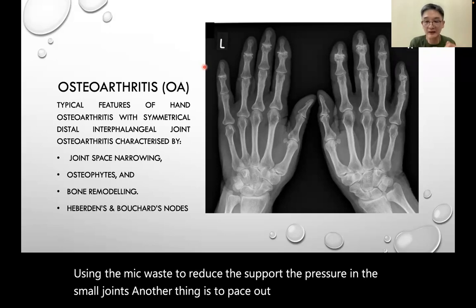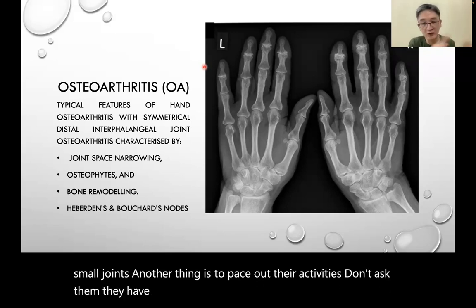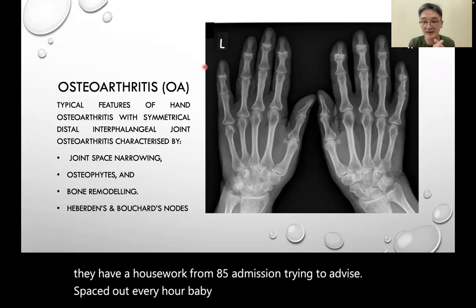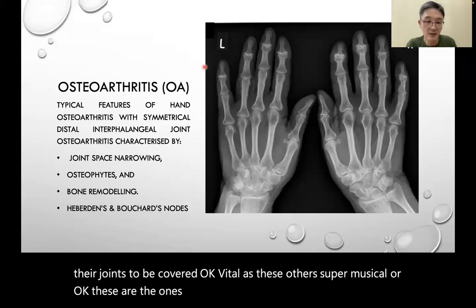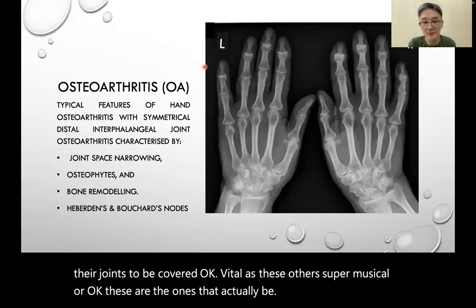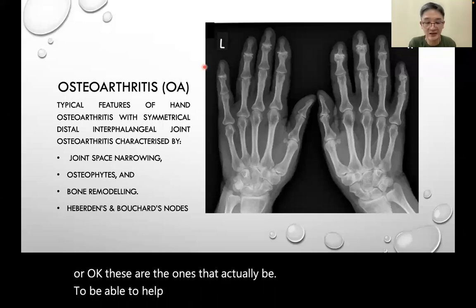Don't let them do housework from 8 to 5, but advise them to space it out, and every hour rest for 5 to 10 minutes to allow their joints to recover. Okay, glucosamine, these are the ones that are mentioned to be able to help reduce the cartilage inflammation and help to regenerate the cartilage to a certain extent.